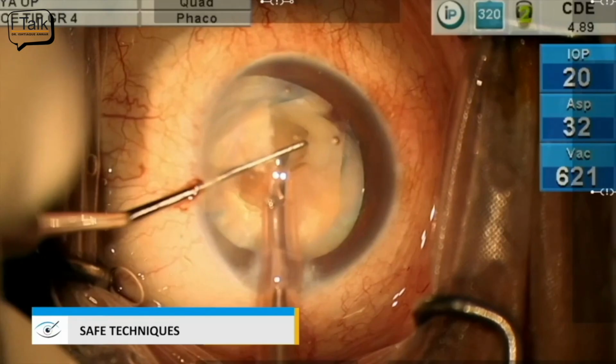Another important thing, you should not rotate the nucleus. Now, the next question in your mind is why did I rotate the nucleus? I rotated the nucleus in this patient because it was a mature cataract and there were no strong capsulocortical adhesions. Since those were not there, it was almost stress free.